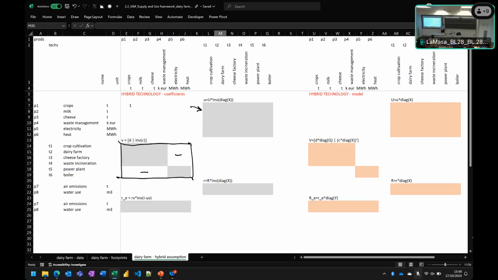But then we can recognize that we can distinguish two clusters of technologies and products that work with different assumptions.